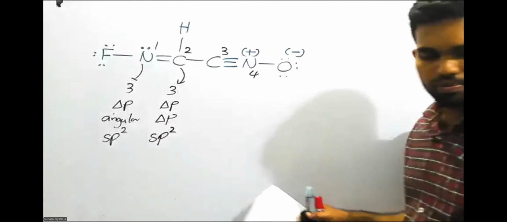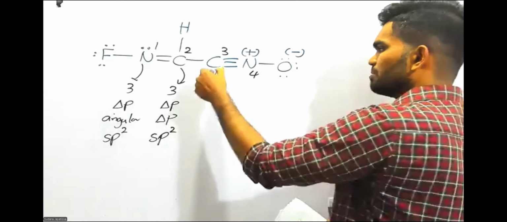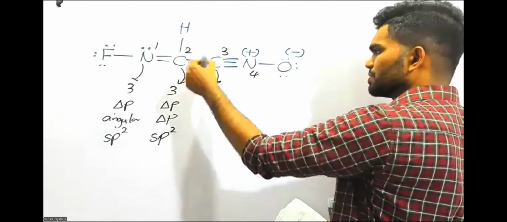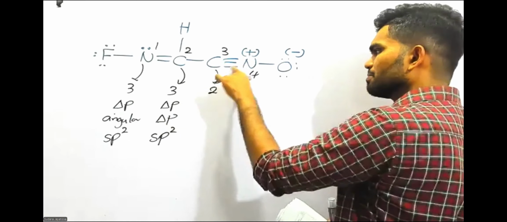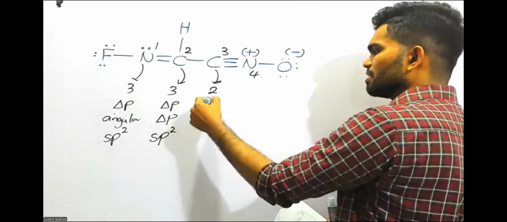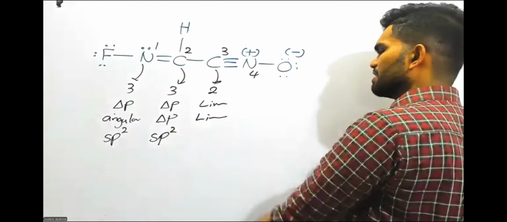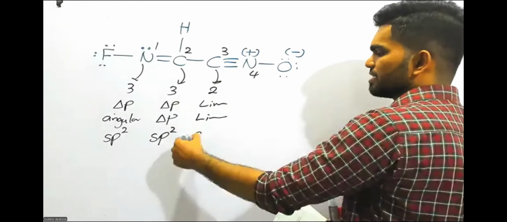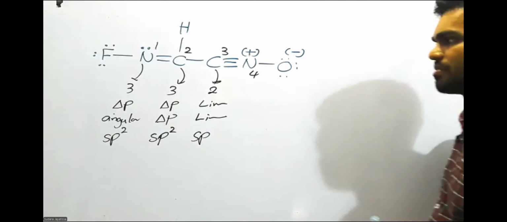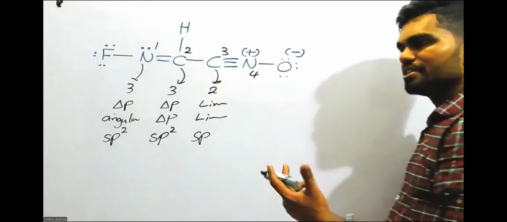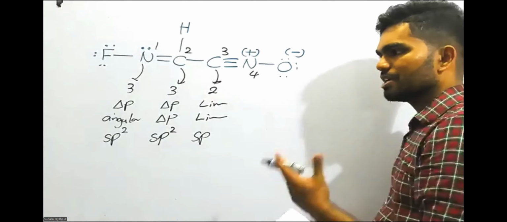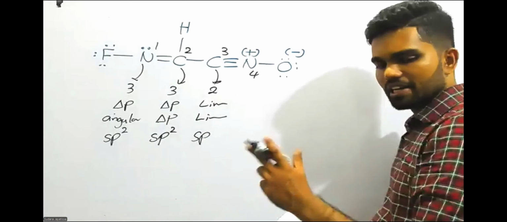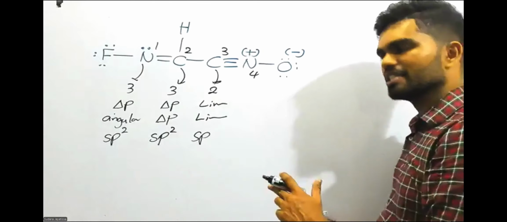Hybridization is the same, sp2. And this carbon has only 2 repulsion units. This triple bond we consider as one repulsion unit, so it's going to be linear, with linear electron pair geometry and shape, and the hybridization is sp. In the earlier question, you remember the sp hybridized carbon made 2 π bonds to either side with the adjacent 2 nitrogen atoms.